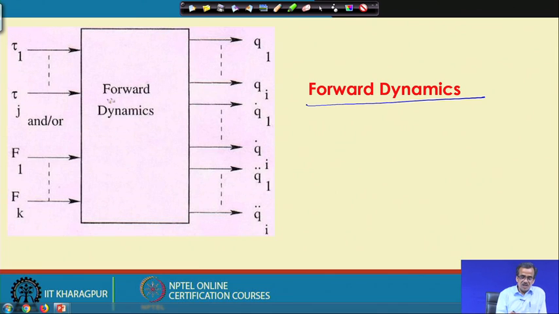So, this is nothing but the forward dynamics. Now, in this course, as I told, I am going to consider only the inverse dynamics, but not forward dynamics. If you want to solve the forward dynamics, you will have to take the help of tools like neural networks, fuzzy logic, which I am not going to discuss in this course.